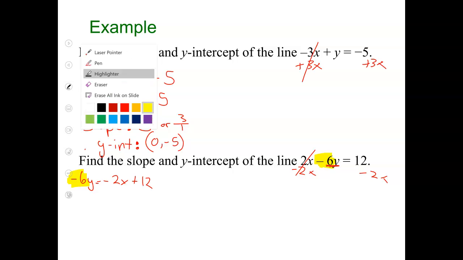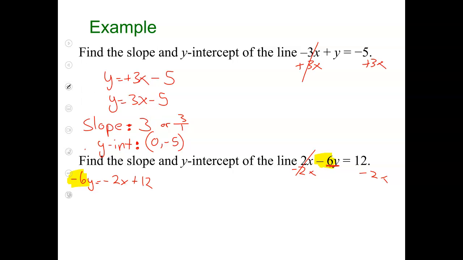Now, how do I get y by itself now that it's the only term over here? Divide everything by negative 6. So, negative 2 over negative 6. What does that reduce to? 1/3.